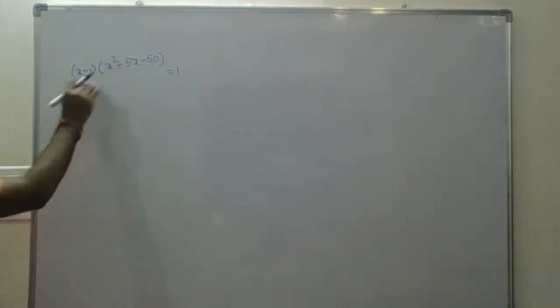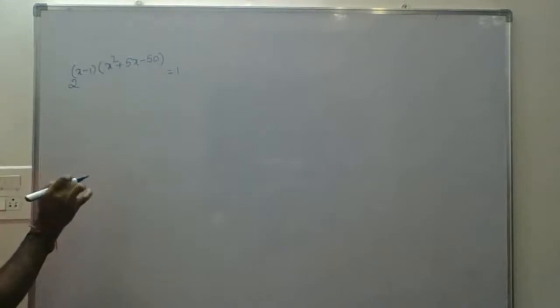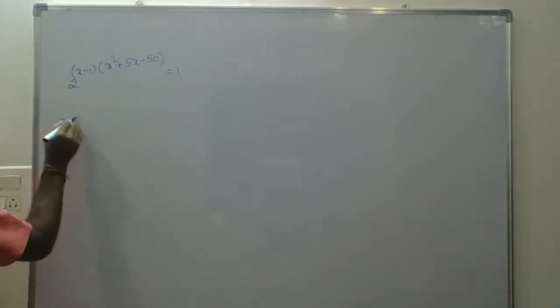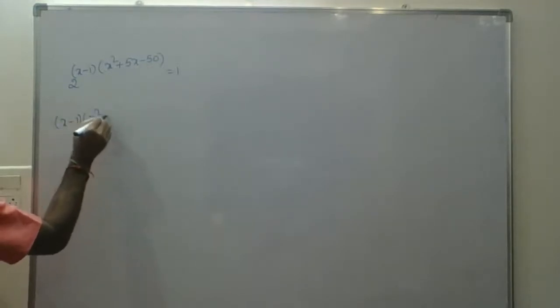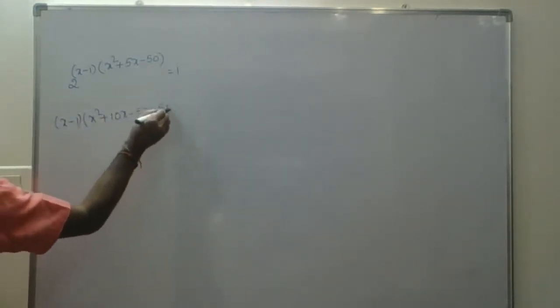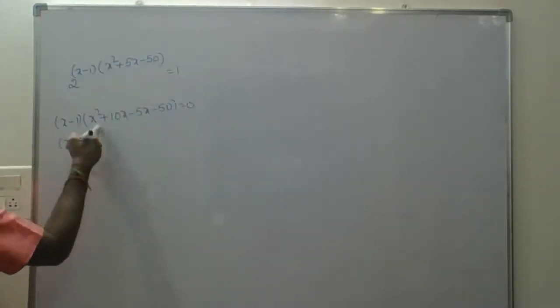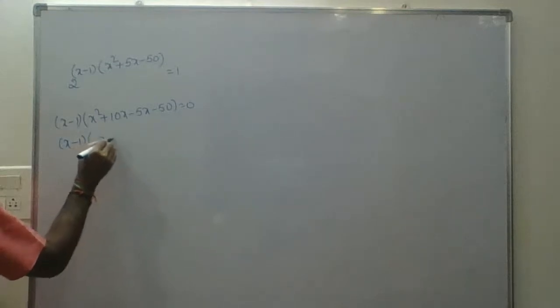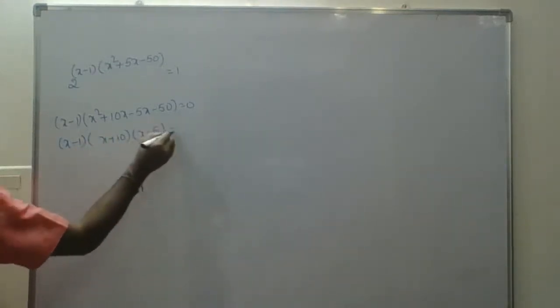Something power 2 power something is equal to 1, so that power must be 0. (x minus 1)(x square plus 10x minus 5x minus 50). So we can write (x minus 1)(x plus 10)(x minus 5).